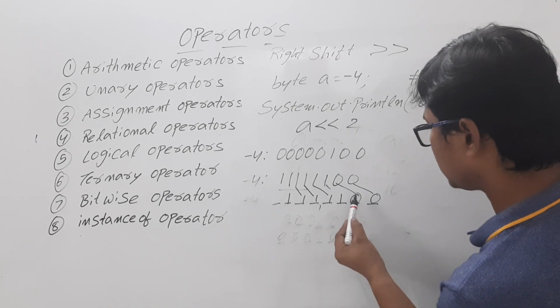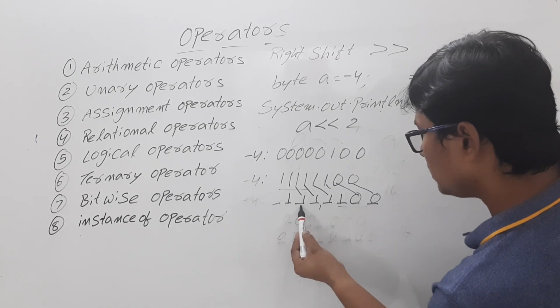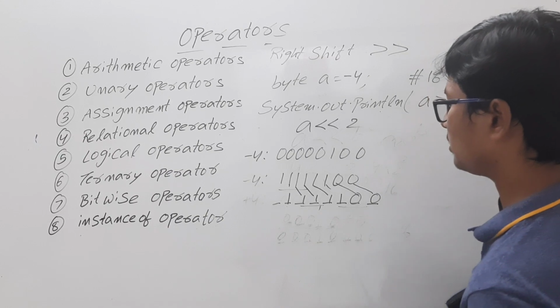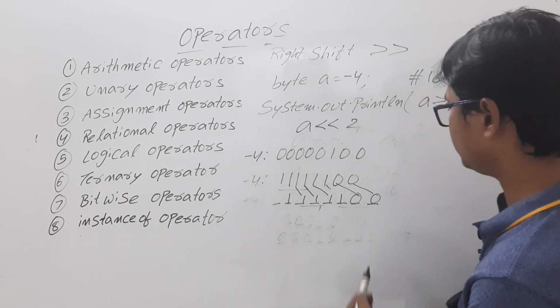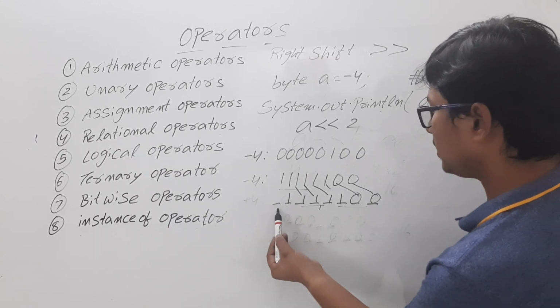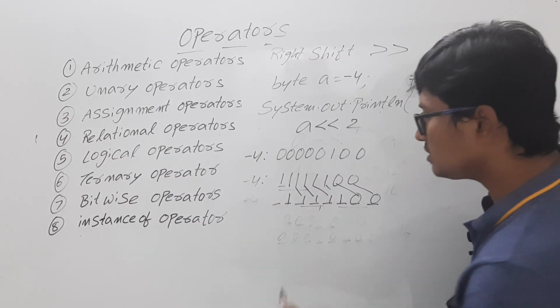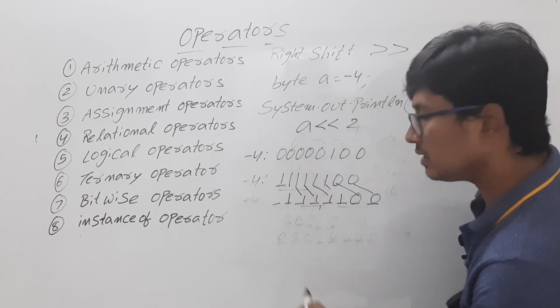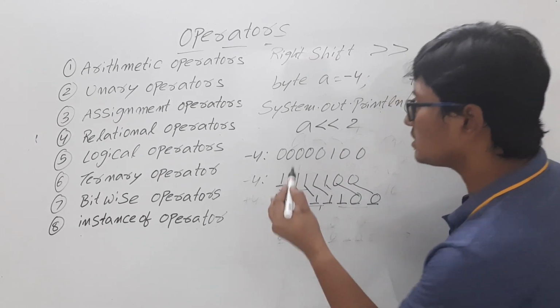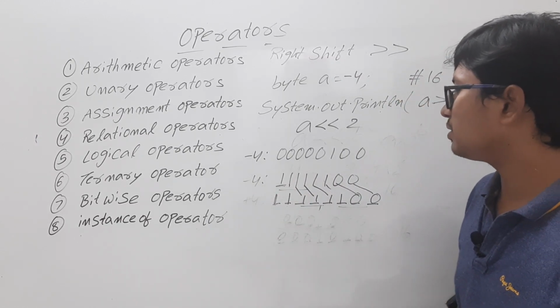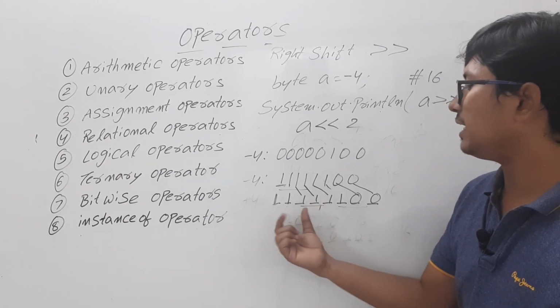Are you able to understand? Is it clear? Then you will have an empty position here. As it is signed, whatever the sign bit is there, that one you will keep as it is here. So this is about the signed right shift.